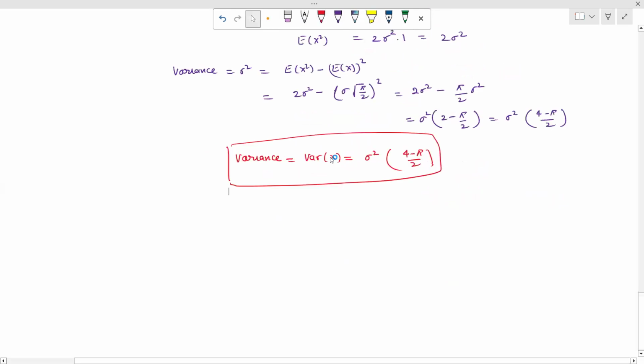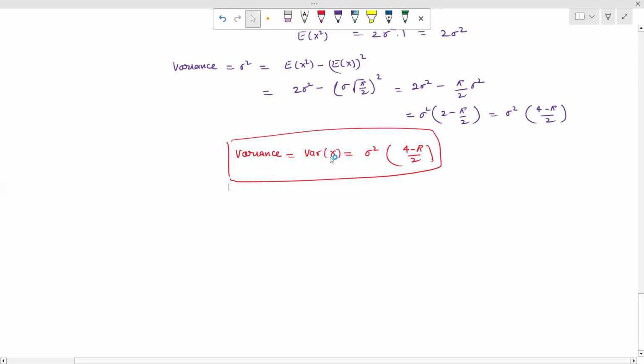After understanding the variance of the Rayleigh distribution, we will discuss the moments. First we discuss the raw moments and the central moments of the Rayleigh distribution.